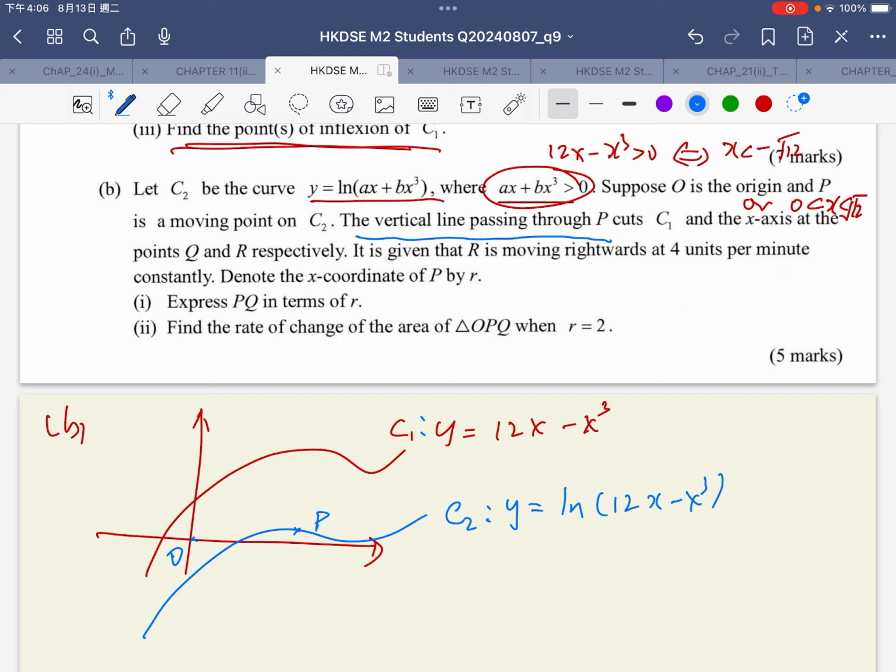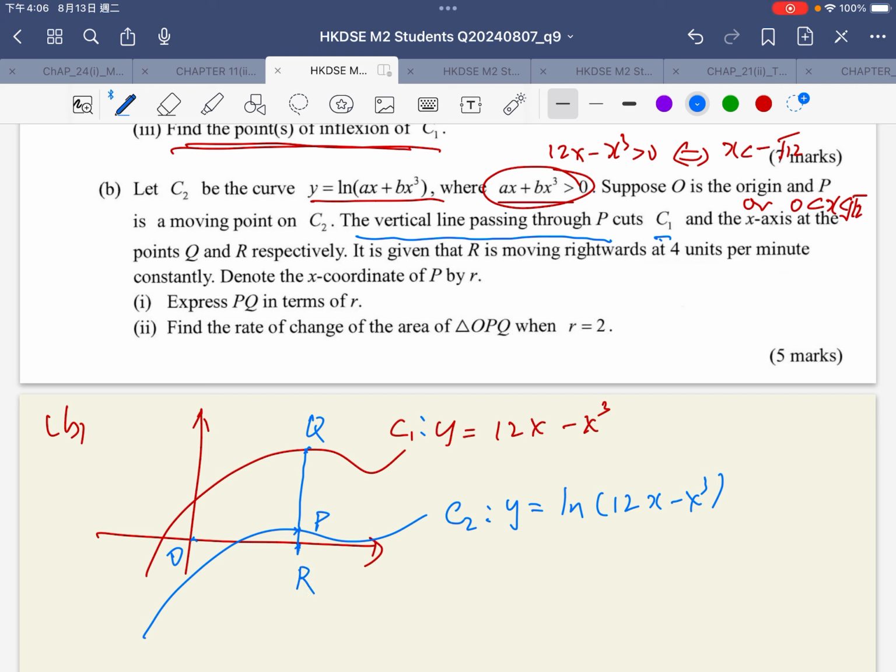The vertical line passing through P cuts C1 at Q, and also cuts the x-axis at R.